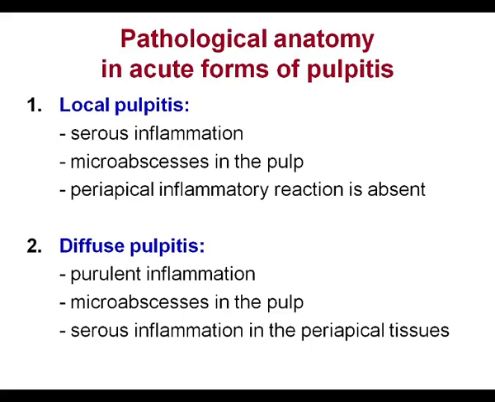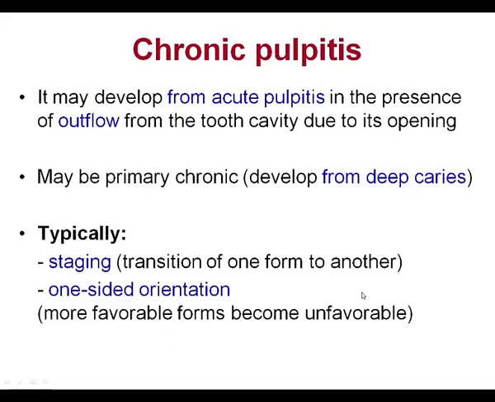For diffuse pulpitis, purulent inflammation in the pulp, also microabscesses, but in the entire pulp, and some initial serous inflammation in the periapical tissue is present.